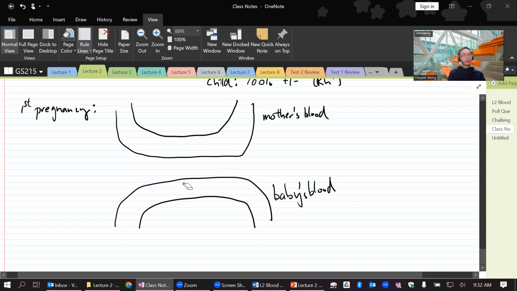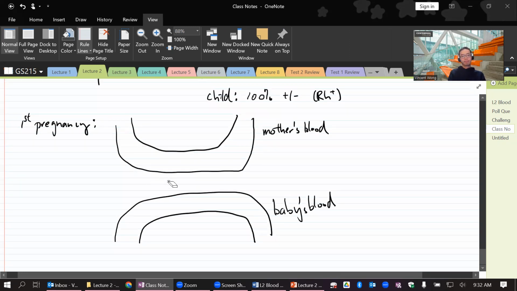And what connects the mother and the baby? The umbilical cord. Yes. And then the umbilical cord is attached to what on the other end? Placenta. That's right. Placenta. Can't spell this morning. Placenta.